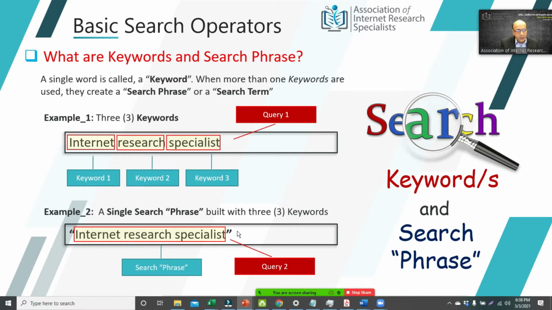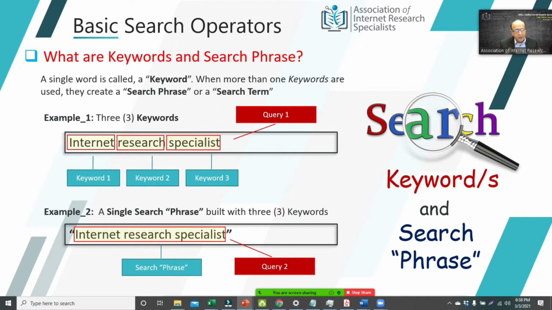So we have to create this block, and tell the search to bring me exactly the mirror image, the documents that have all these three words set together inside the quotation marks, and it becomes a single search term. We call it a single search phrase. It's a phrase that is constructed.